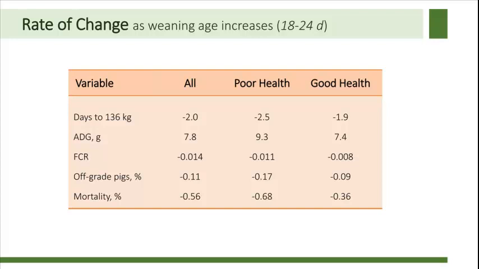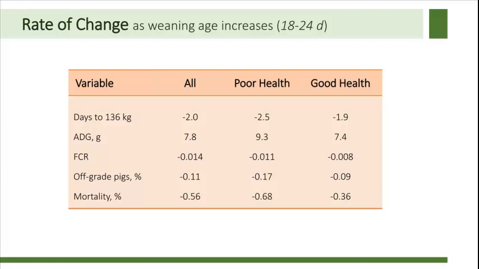By increasing the weaning age by 1 day, from 18 days, pigs reach market 2 days earlier. They grow about 8 grams per day better. There is about a 1.4 point improvement in feed conversion. There is a reduction in upgrades, but most importantly, there is a reduction in mortality for those pigs. The effects are greater when pigs are under poor health conditions.